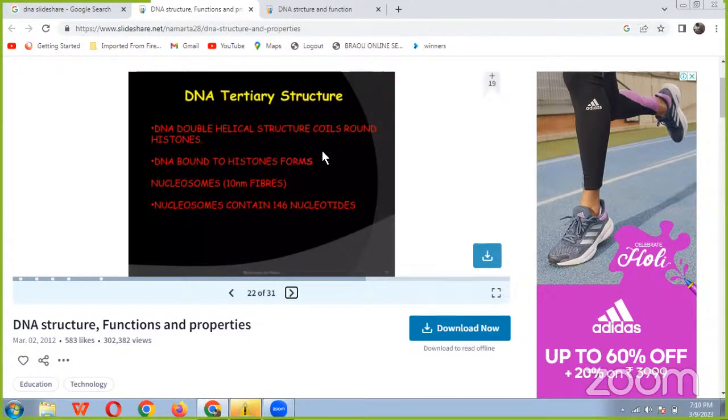The DNA double helical structure wraps around the histone proteins. DNA bound to histones forms nucleosomes. A nucleosome fiber contains approximately 146 nucleotides.